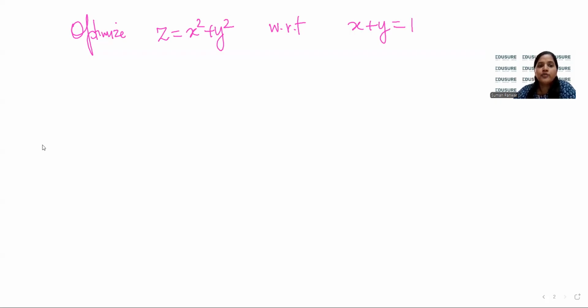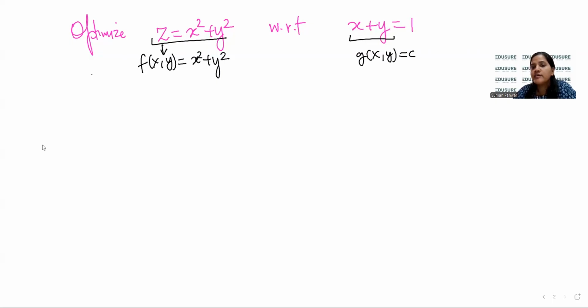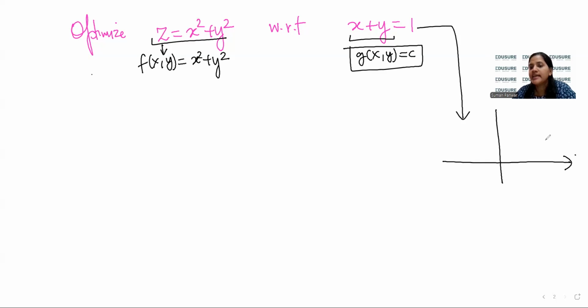Now here, you can notice that z is nothing but a function of two variables, and this is my constraint g(x,y) equals c. So when I make this line in 2D, I am going to get something like this. This is x-axis, this is y-axis, and then x is 1, y is 0, y is 1, x is 0. I'm going to get a line like this.